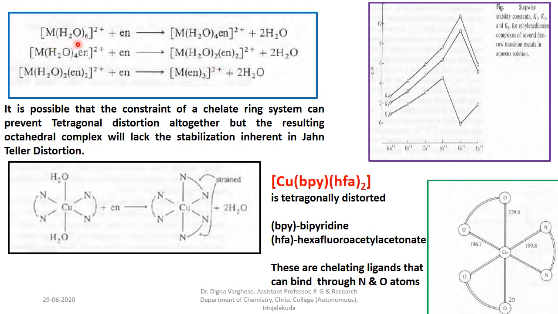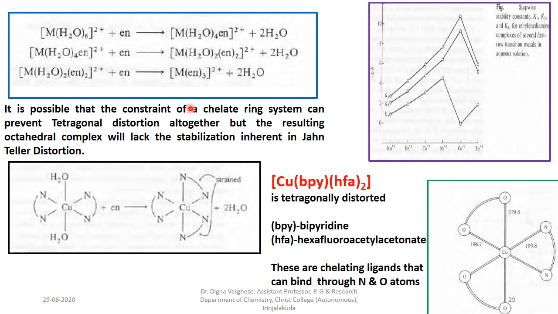In this case, M(H2O)6 2+ and ethylenediamine form M(H2O)4(en) 2+, and to this ethylenediamine is added, giving M(H2O)2(en)2 2+. When ethylenediamine is added again, we get the octahedral complex M(en)3 2+.